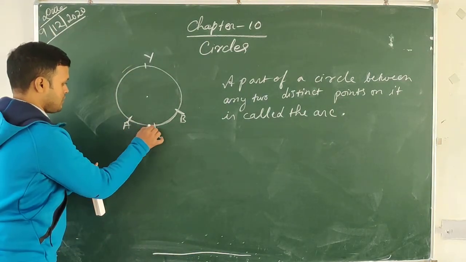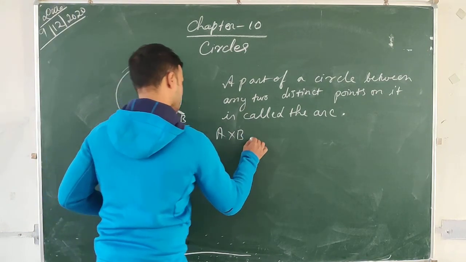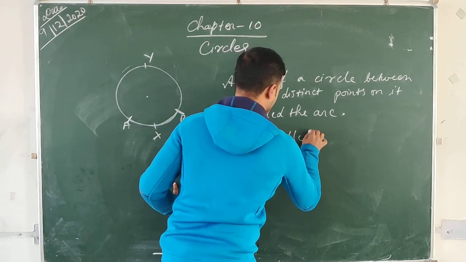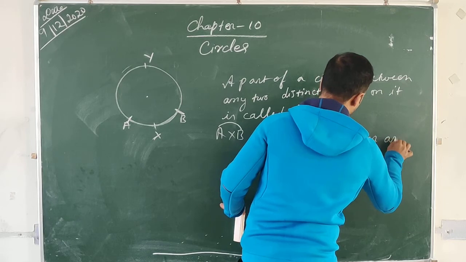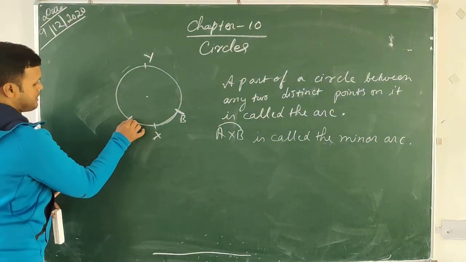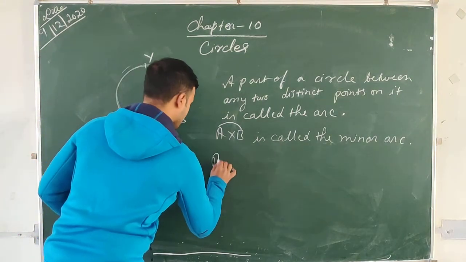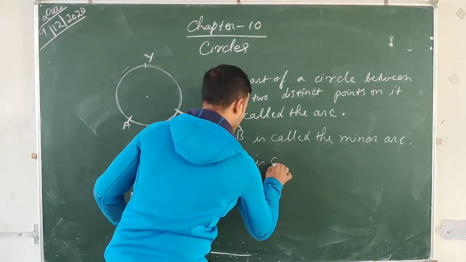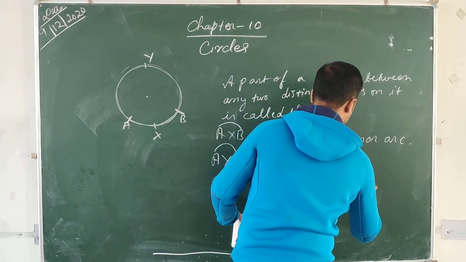This is the smaller part of the circle, so this will be called AXB, the minor arc, the smaller arc. And this part, AYB, is called the major arc.